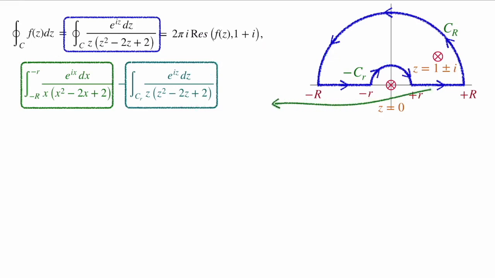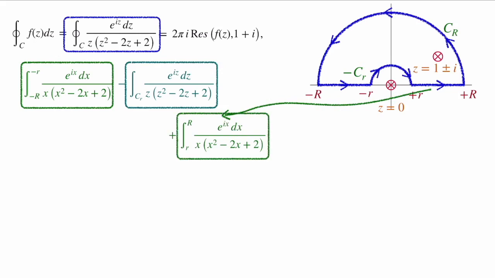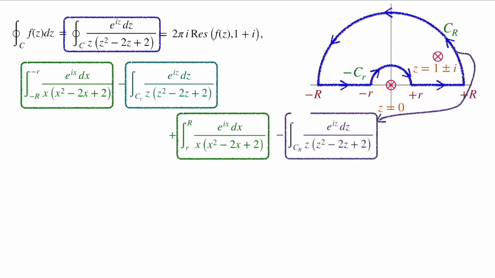The third term is again along the real axis from r to R, e^(ix) dx divided by x(x² − 2x + 2). The last term is along the large circular arc C_R, e^(iz) dz divided by z(z² − 2z + 2). And the result of this is 2πi times the residue of f(z) at 1 + i.